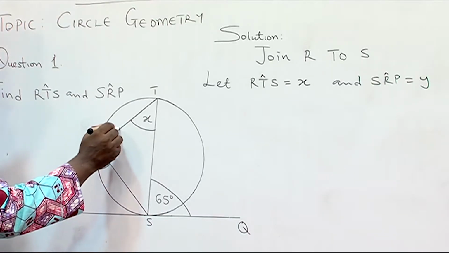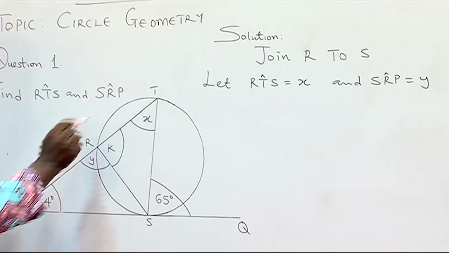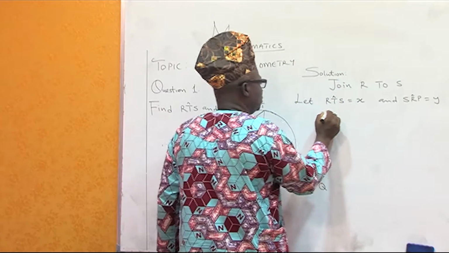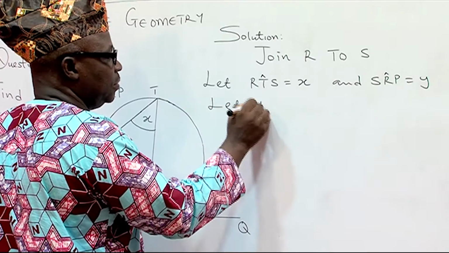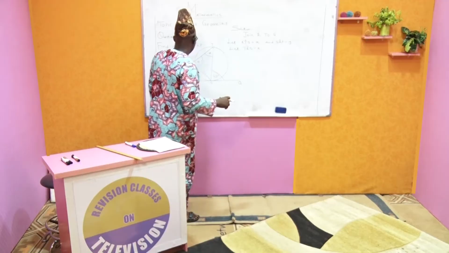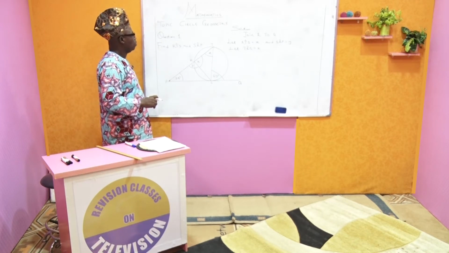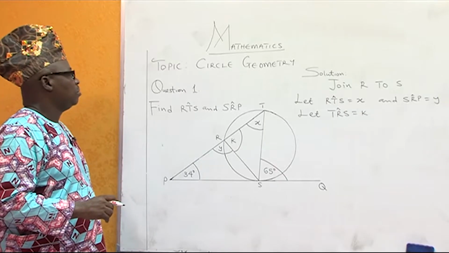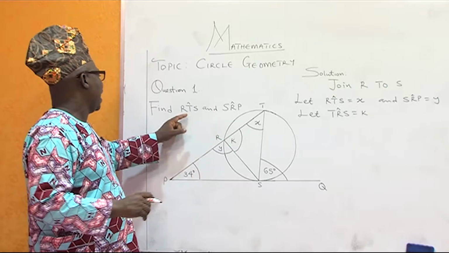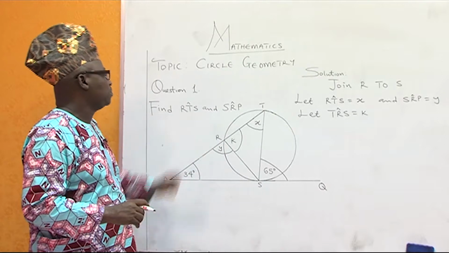Let me refer to this angle here as angle K. That is angle TRS. So I can say, let TRS be K. So at this point, I'm ready to look for Y and X, because X stands for RTS and Y stands for SRP.